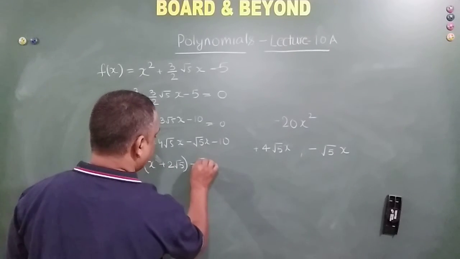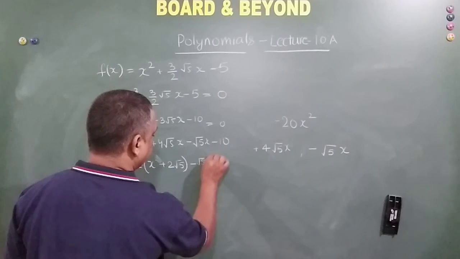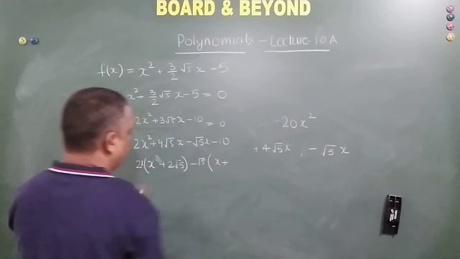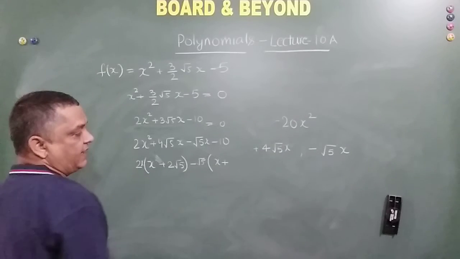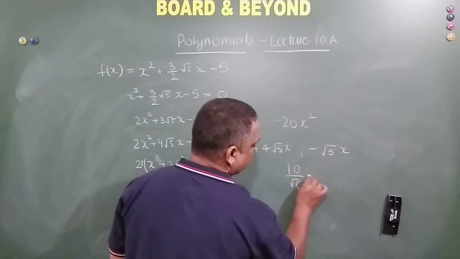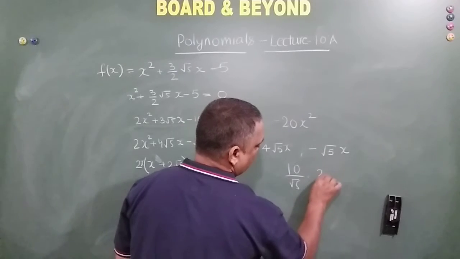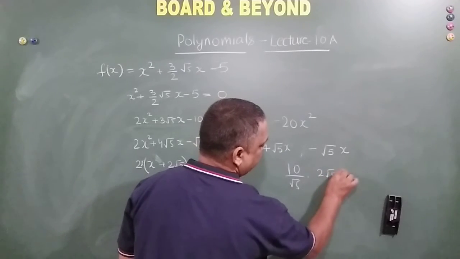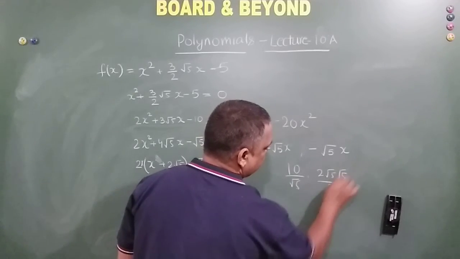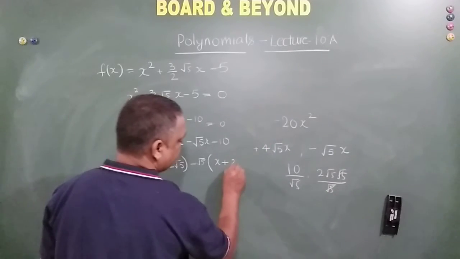Minus, if I take root 5 common here, so this is x plus 10 divided by root 5. 10 divided by root 5 is how much? It is nothing but 2 into root 5 into root 5 divided by root 5. So 1 and 1 cancel, this leaves me with 2 root 5.